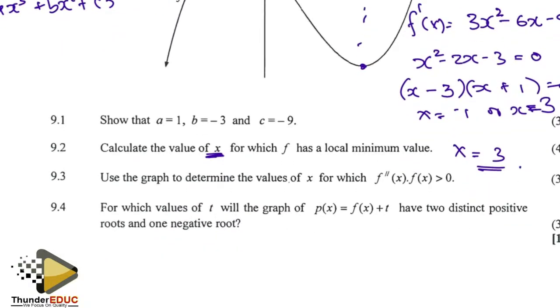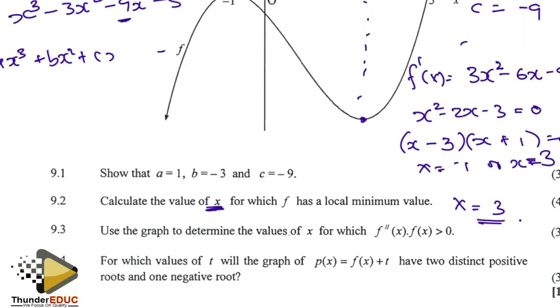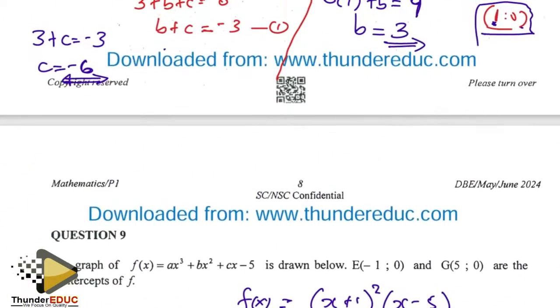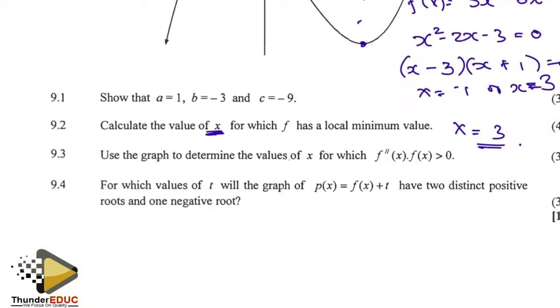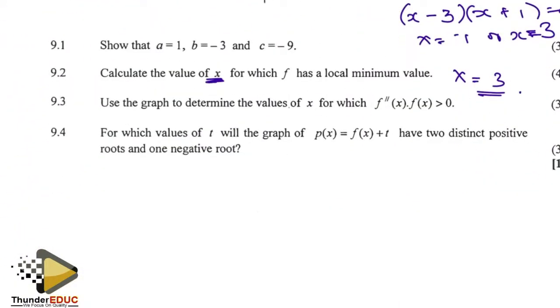Then use your graph to determine the values of x for which the second derivative, concavity, times the function itself will be greater than 0. There are two aspects to this. I can say that f double prime is greater than 0 and f of x is greater than 0, or f double prime is less than 0 and f of x is less than 0.